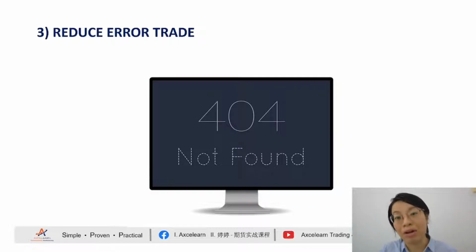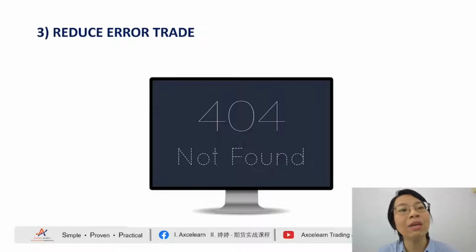This is one of the error types. Another error type is I know, but I did not follow. Meaning I know that today I'm not supposed to execute this particular trade, but I went and executed it. So this is I know, but I choose not to do. Both error types, we need to reduce.